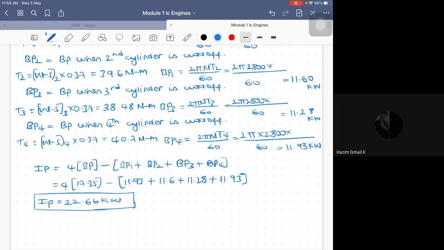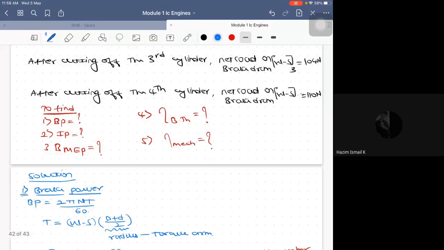Very good. Next, go on with the further calculations. What are further calculations? So we have done with BP. IP is done. Next, brake mean effective pressure.